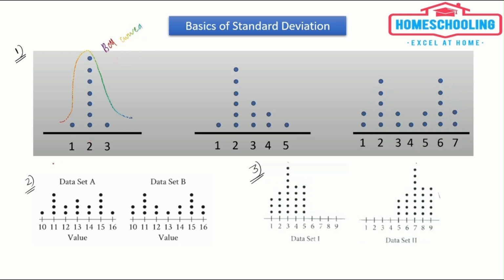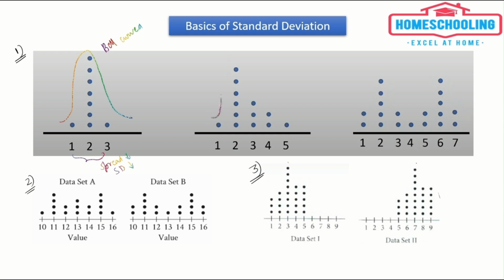As we can see, this one has spread from 1 to 3, the other has spread from 1 to 5, and this one has spread from 1 to 7. So the spread is lowest. So standard deviation is also going to be the lowest. Now let's see what kind of curve it is forming.